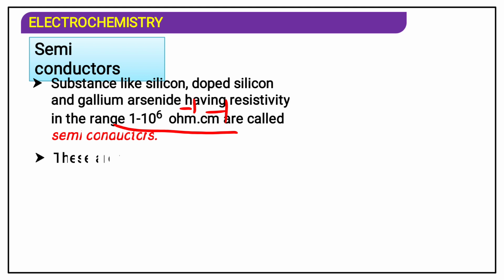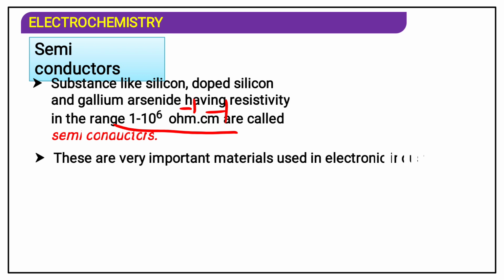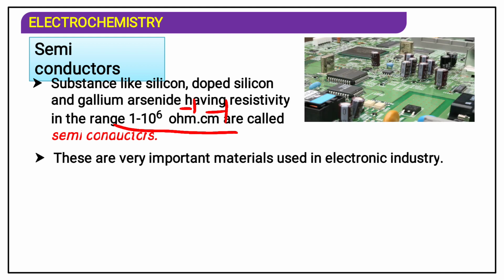Okay, and now they are very important materials used in semiconductors. They play a very important role in our industry, and there are so many areas in which these semiconductors are used. That's why you will learn about semiconductors more in physics than in chemistry.